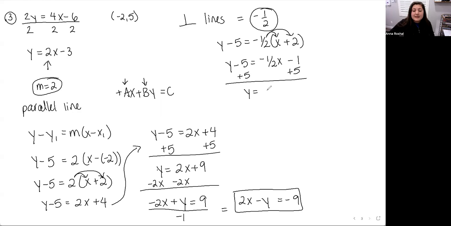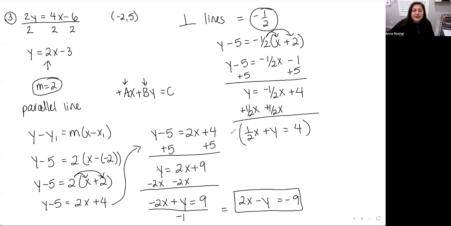Now, in this case, when I do want to create a standard form, I do have an issue where this is a fraction, right? So first, I'm going to move it to the other side by adding 1/2 x to both sides. And then I'm going to see that it's already positive, which is great news for me.